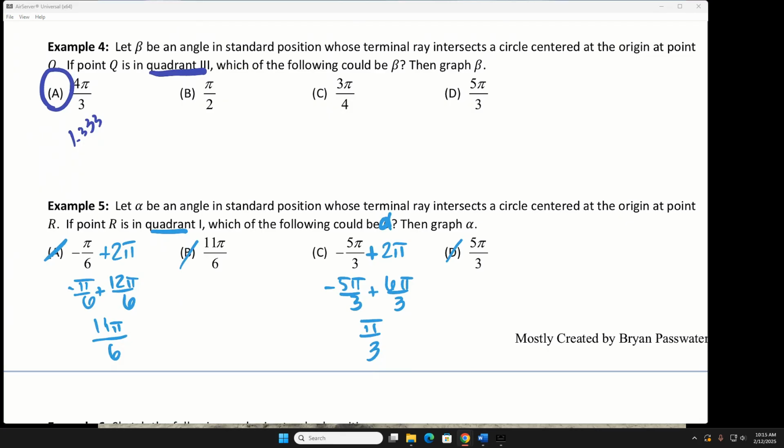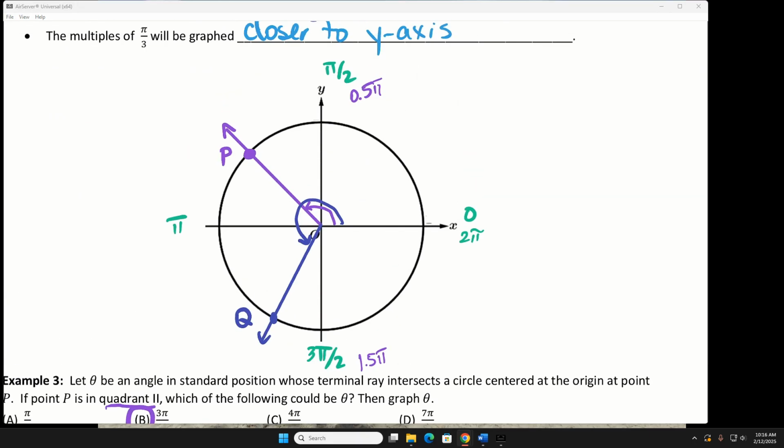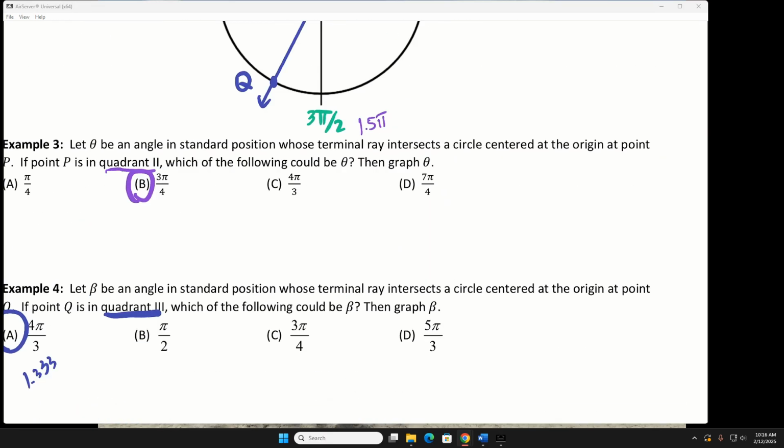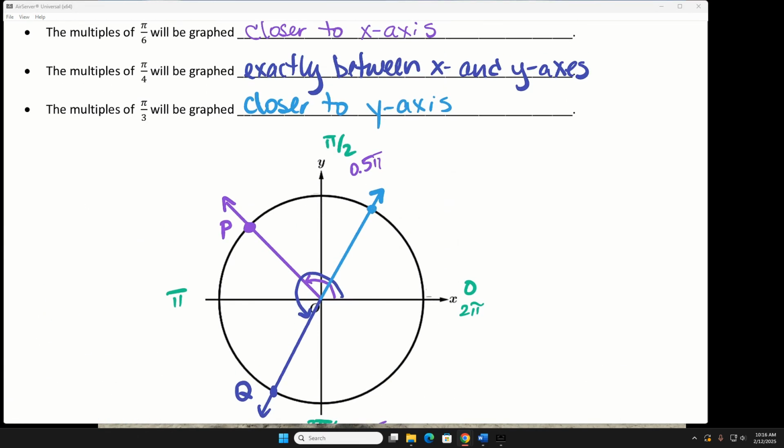All right, so we are going to graph a pi over 3 angle in quadrant 1. So it's going to be closer to the y-axis. That is going to be point R. Is it going to go like this? No, it's a hint because I did it in red.